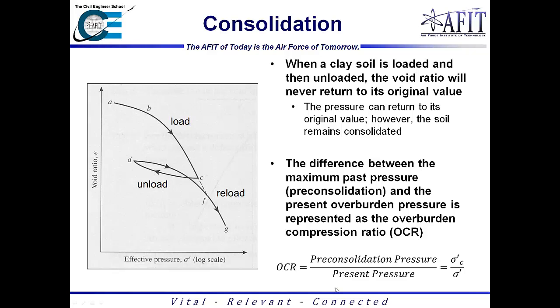And so what we use is the overburden compression ratio to basically tell us at what degree we're over consolidated. And so what we would do is we take the pre-consolidation pressure here and divide it by the pressure here at D, and that'll give us our overburden compression ratio. And so that kind of just allows us to understand the difference between this elastic state and this plastic state down here.